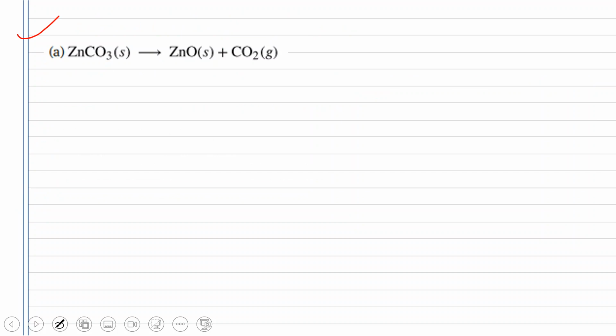What do you think? Is this a redox reaction or not? If you say it's a redox reaction, you need to be able to explain why. Is it a redox reaction? If yes, how is it a redox reaction?